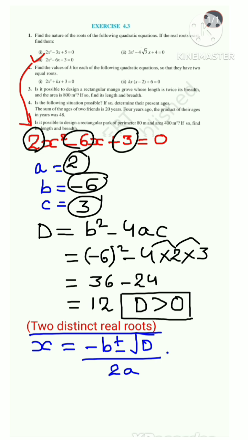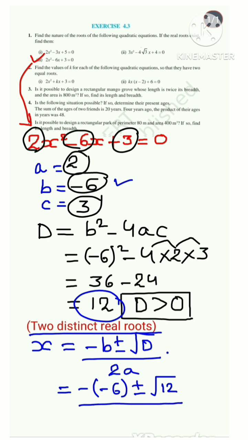Now just put the value. b equal to, we have -6, so minus b equal to 6, plus minus, and d equal to, we have obtained 12, by 2 into a equal to, we have 2. Okay, now let's proceed to the next page.